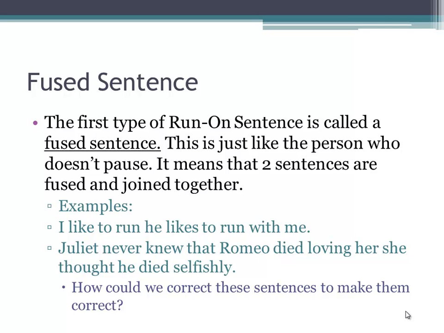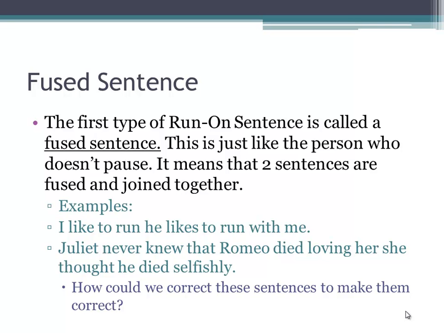How can we change this to make it correct? I like to run, he likes to run with me. Nothing? All right, you could make it one full complete sentence. We like to run together.